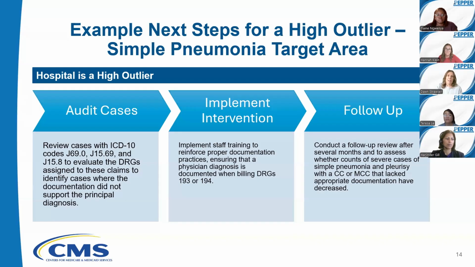The purpose of this review is to determine whether the documentation supports the principal diagnosis and the billed DRG. If the review identifies documentation or coding patterns that may need improvement, the hospital could implement staff training to reinforce requirements, including the need for physician documentation, physician diagnosis when billing for DRGs 193 or 194.